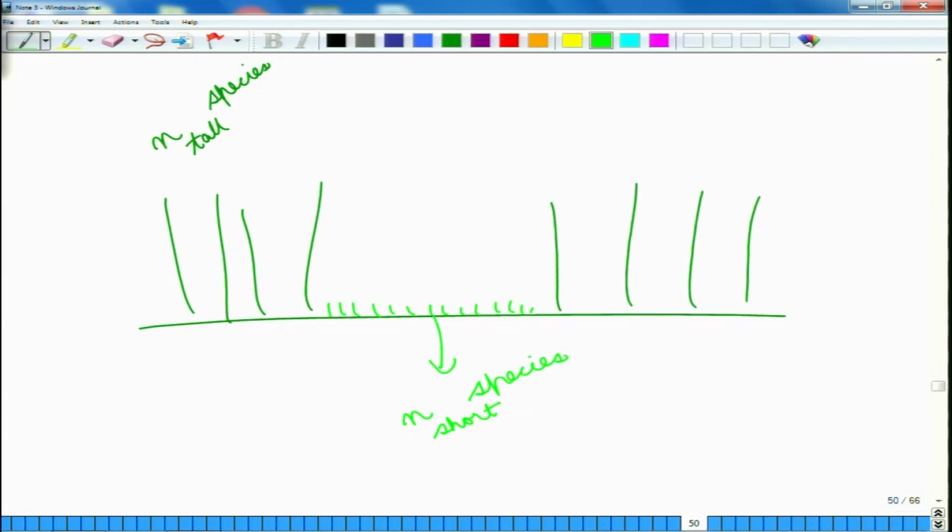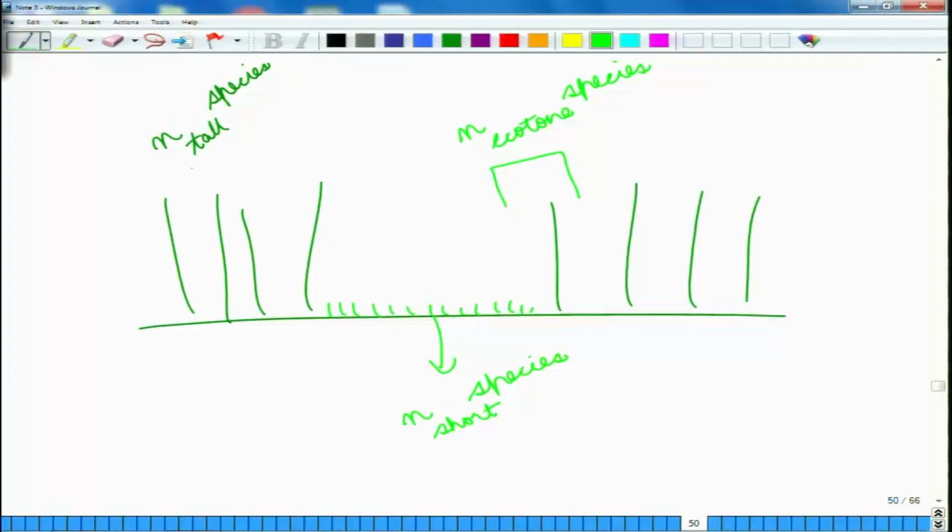But then we also have a situation of an ecotone. An ecotone is this boundary where you have tall grasses on one side and short grasses on the other side. This ecotone would also support n ecotone number of species. These are species that are not comfortable living in tall grasses, nor in the short grasses, but they are extremely comfortable when you have a mixture of tall and short grasses together.